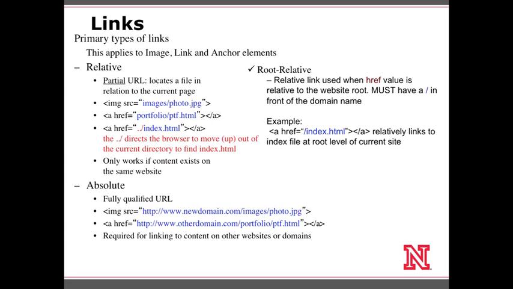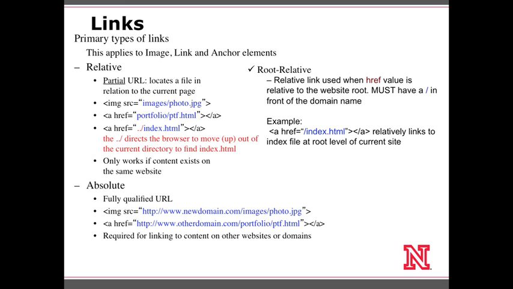There are a couple types of link href values that you can use, and the href values point to usually another document either on the same website or on a separate website.